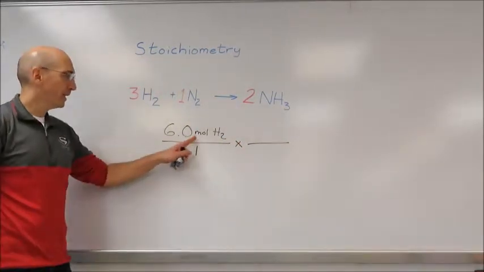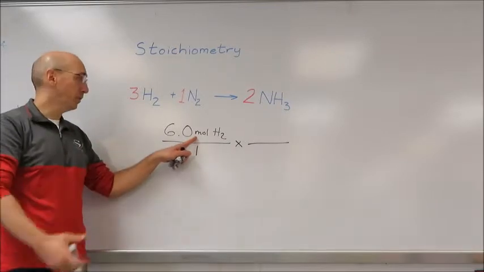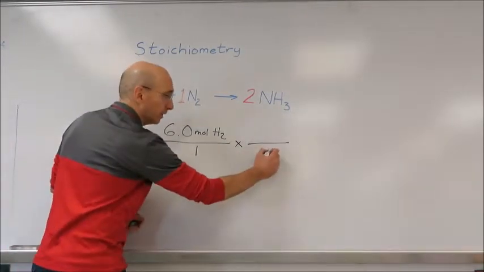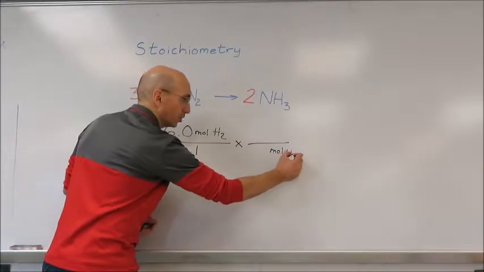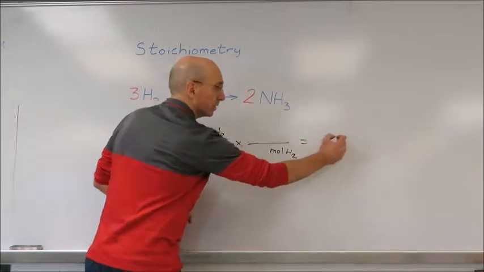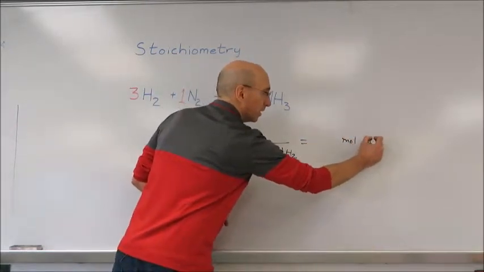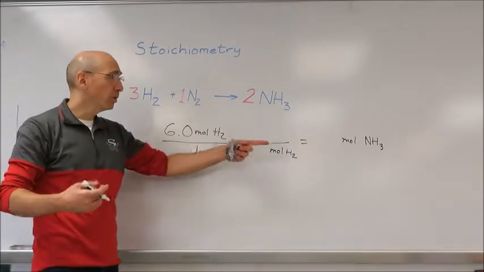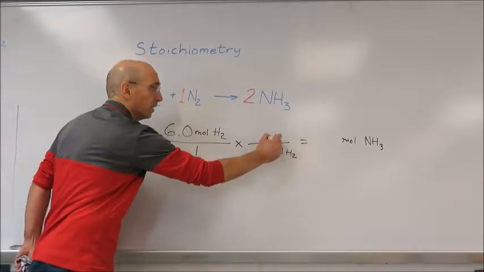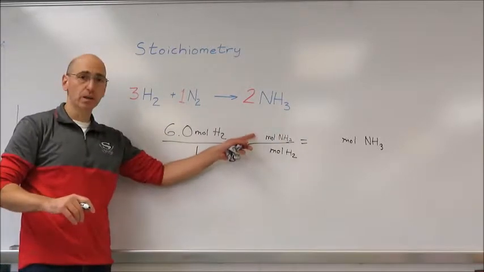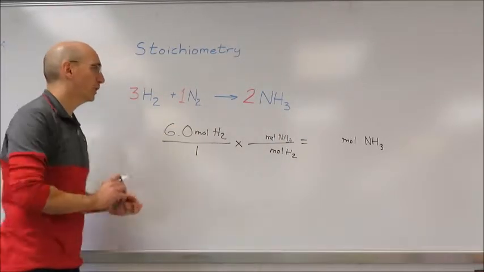I'm going to start with my given, which is what the problem will give you. I'm going to take the old unit and put it down here, moles of hydrogen. And I'm trying to find out how many moles of ammonia I can make. So my new unit is moles of ammonia. Now, what numbers go here? This is where we look at the mole ratio.